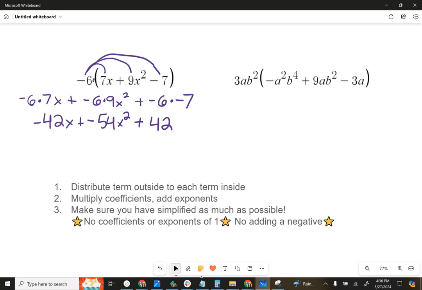Now, usually when we add, subtract, multiply, or divide, you can follow the order that the problem gives you the terms in. So we would keep this as -42x minus 54x squared plus 42.